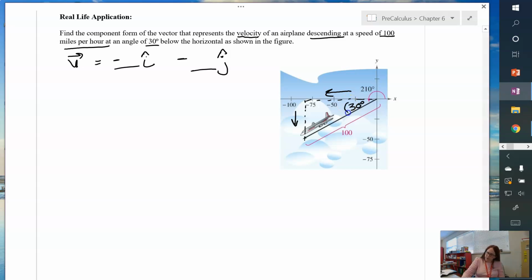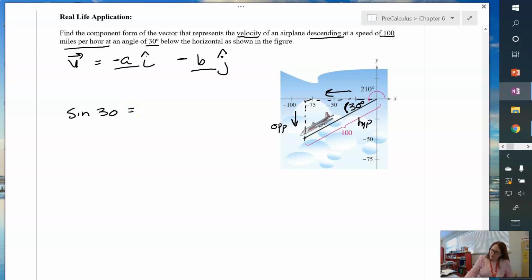So here's my 30 degrees in here. I'm trying to find my j vector here. Remember, good old-fashioned SOHCAHTOA, this is opposite, this is hypotenuse. So I'm going to call this a B, and this is going to be an A. So B is going to be, I'm going to say the sine of 30.